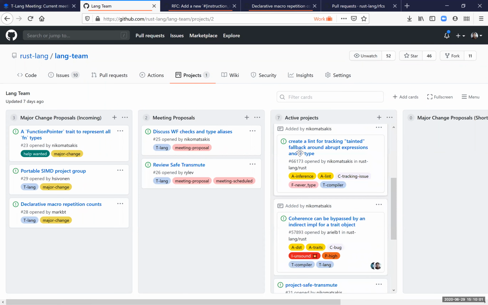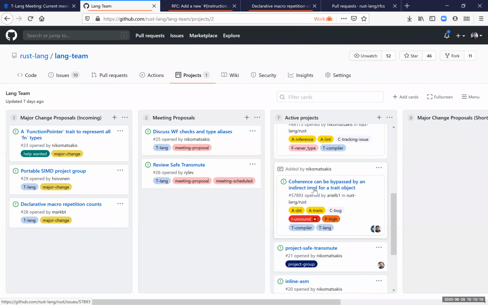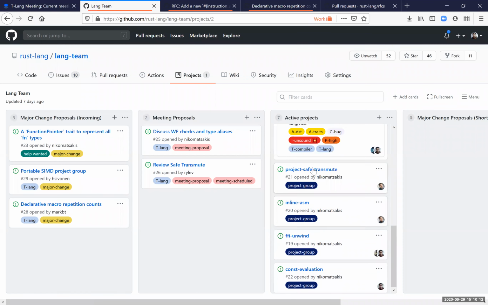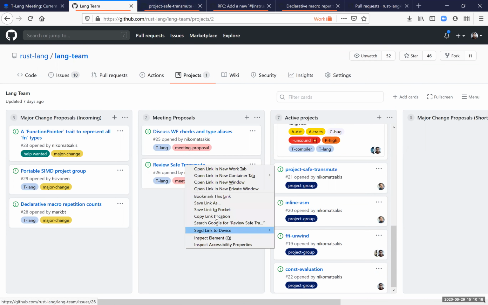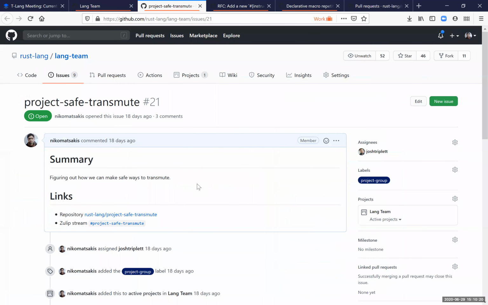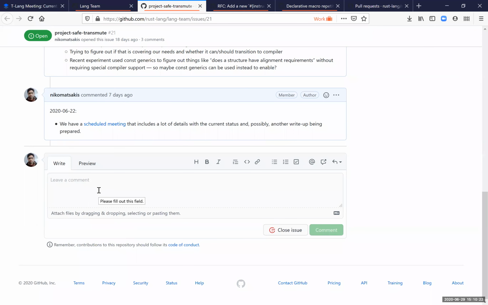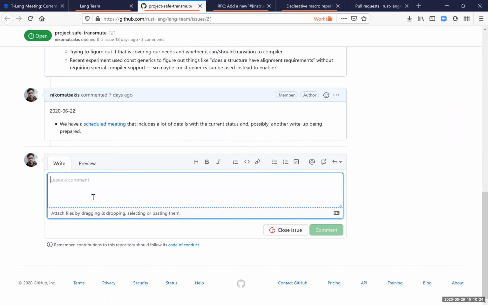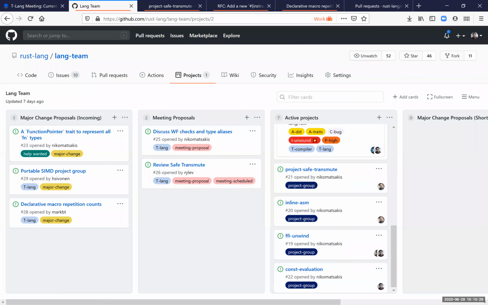So these next two items, I'm trying to find someone. I may have found someone who will work a little bit on this issue of tainting fallback, and no real updates on this other coherence issue. Project Safe Transmute, we have a scheduled meeting. Any other updates? I'm going to assume no. Okay.